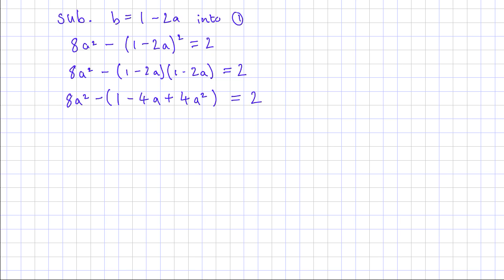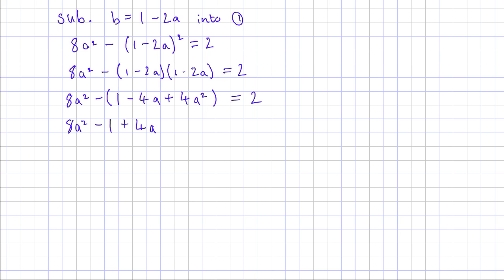Now I'm going to multiply out the negative 1. By negative 1 I mean this negative here is going to multiply all of these things. So I'm going to have minus 1. This minus times minus 4a is plus 4a.